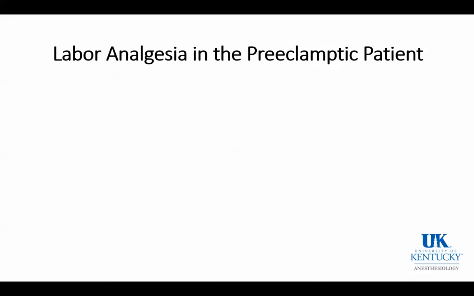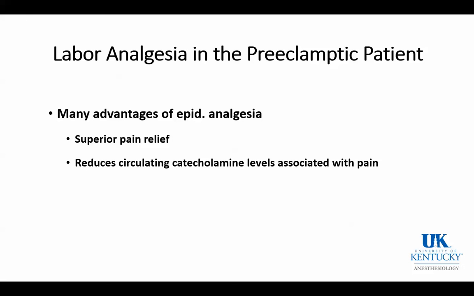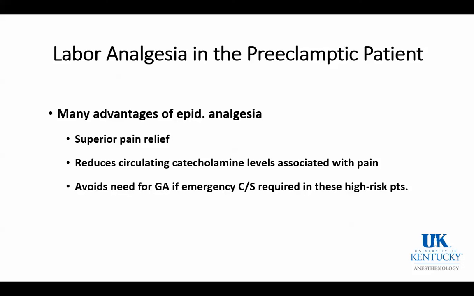So now that we've talked about what's going to prevent me from doing neuraxial in terms of thrombocytopenia, let's move on to the use of labor analgesia in the preeclamptic patient. There are many advantages of epidural analgesia in these patients. Obviously, you get great pain relief. As a result of that pain relief, it's been shown in preeclamptic patients that you actually reduce circulating catecholamine levels associated with the pain of labor, so that's a benefit.